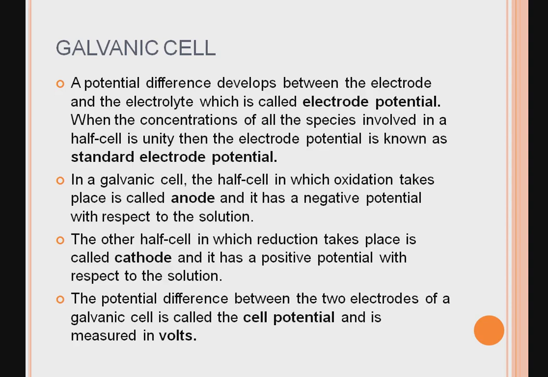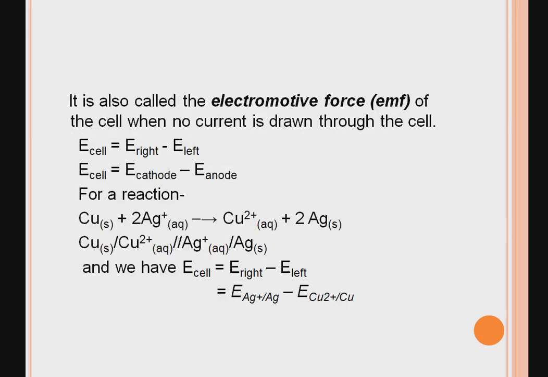The potential difference between the two electrodes of a galvanic cell is called cell potential and it is measured in volts. It is also called EMF, electromotive force of the cell, when no current is drawn through the cell.